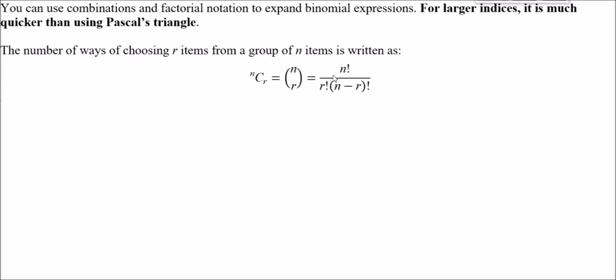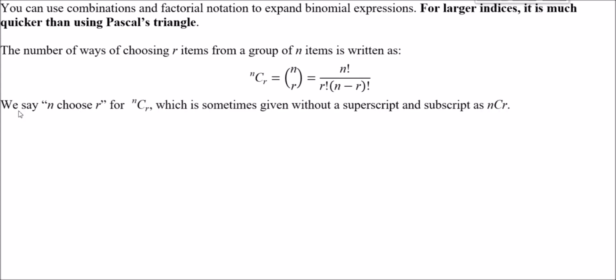It's calculated by n factorial divided by the product of r factorial and (n minus r) factorial. Your calculator does this for you though, which helps massively. So, like I've said, we say n choose r for nCr, and it's sometimes written without a superscript and subscript, and just written as nCr.